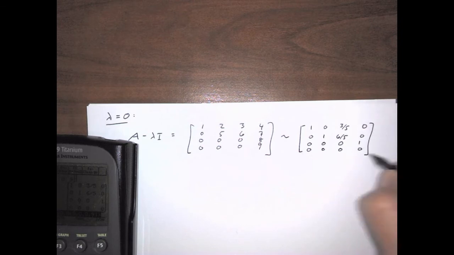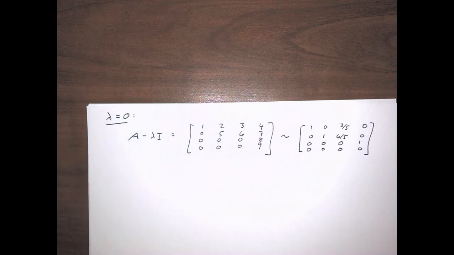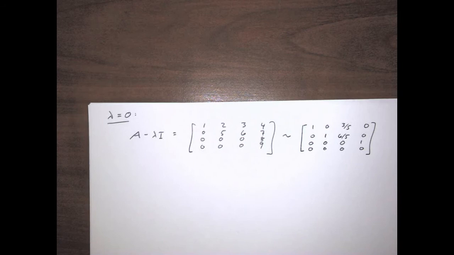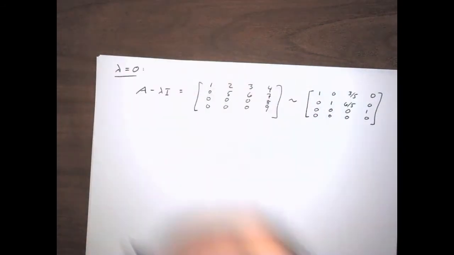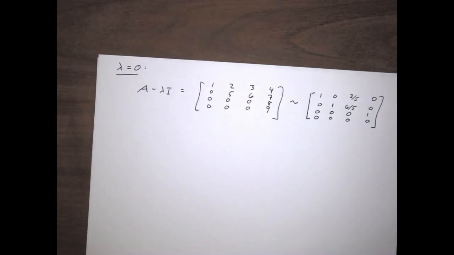Since this is a square matrix, we had better end up with a row of zeros on the bottom after row reducing. Otherwise, we've done something wrong, because that would imply that we didn't have any free variables, that there were pivots to be found everywhere, which would mean that this was not actually an eigenvalue after all.